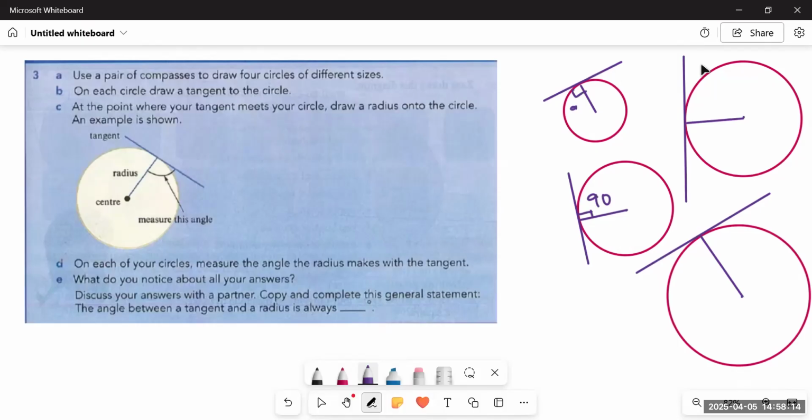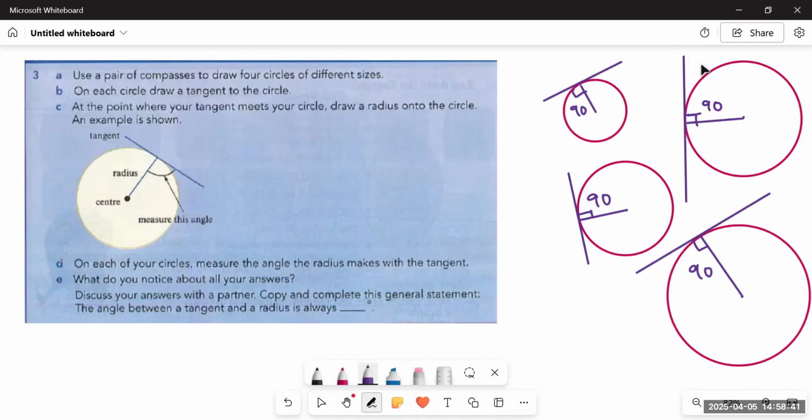It means that the tangent and the radius from the center on the tangent are always perpendicular to each other. So whenever two lines meet at a point such that there is a 90-degree angle formed, these two lines are called perpendicular to each other. Wherever there is a 90-degree angle between two lines, such lines are called perpendicular.